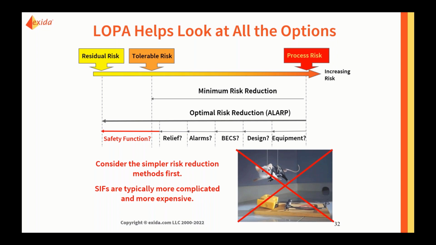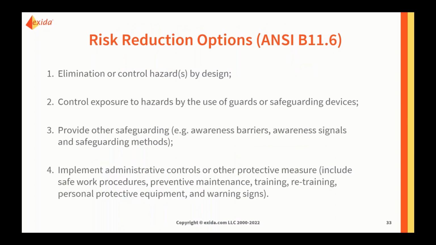Now, there's a lot of things that we can look at in considering all of the different options. And I've pulled this from the ANSI B11.6 machine safety standard. And it has the classic machine industry guidelines for risk reduction priority.